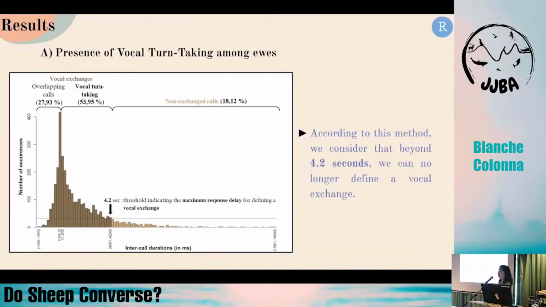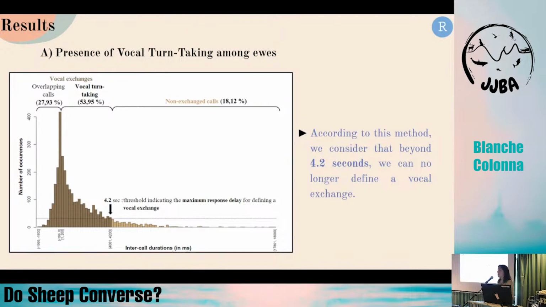We found some vocal turn-taking among ewes. As you can see here, the intercall duration is negative, so we could determine 28% of overlapping calls. After, we had to know which maximum intercall duration we could use to define vocal turn-taking.